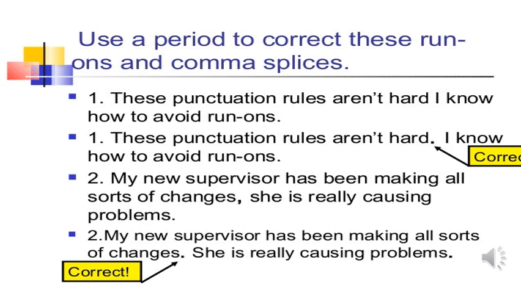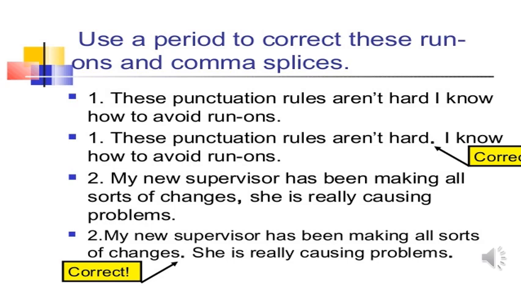The first one: these punctuation rules aren't hard. I know how to avoid run-ons. The correct way is to say these punctuation rules aren't hard. Full stop. I know how to avoid run-ons.